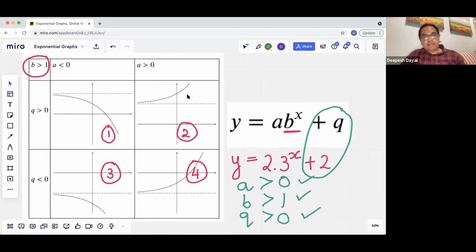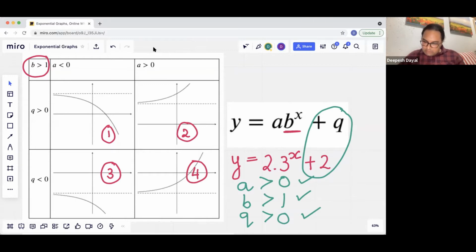I'm going to give you another example, and you're going to tell me which graph it is, 1, 2, 3, or 4. I'm not going to help you with the steps. You're going to come up with them on your own. So let's write another one. Let's use purple.